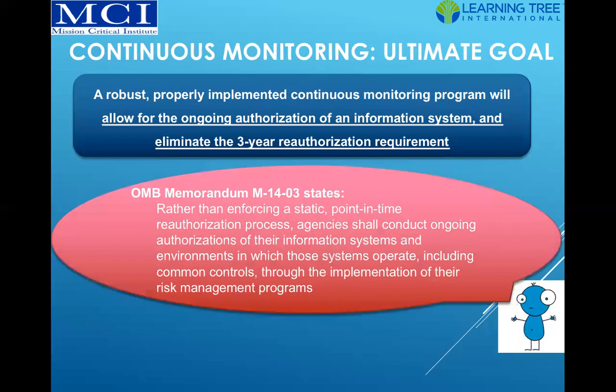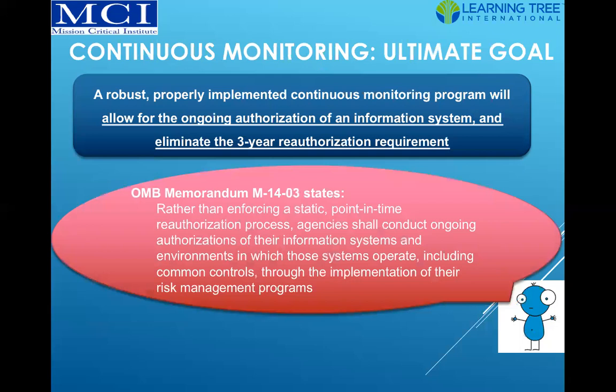And the ultimate goal is to have a robust, properly implemented continuous monitoring program that allows for the ongoing authorization of an information system and eventually eliminates the 3-year reauthorization requirement.